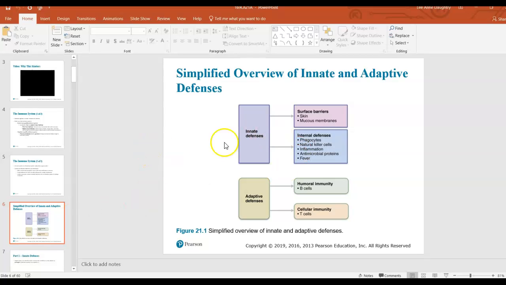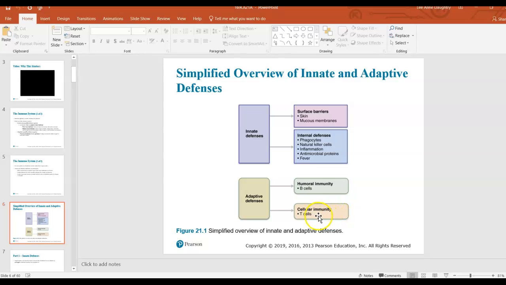This is just a little chart you can study, and it shows you all of the examples of the innate defenses and the adaptive defenses. It breaks up the adaptive defenses into humoral immunity. Humoral immunity is the immunity found within the blood, and the B lymphocytes are going to be the ones that produce antibodies that are found in your blood that will attack antigens. Antigens are just little pieces of pathogens that are recognized by your B and T lymphocytes.